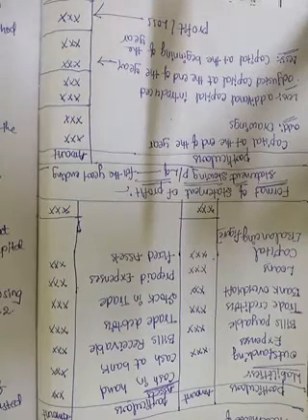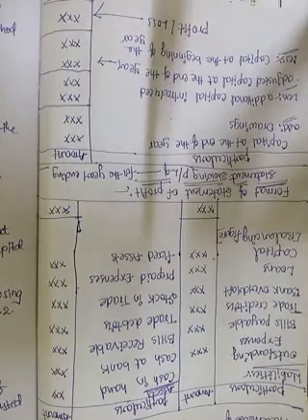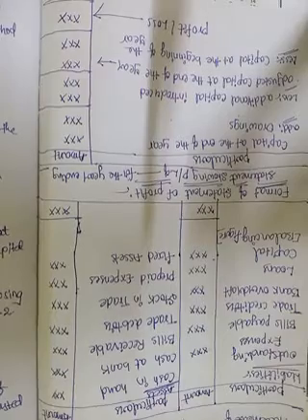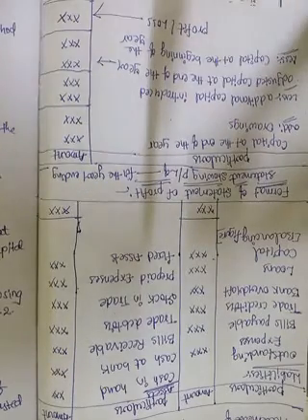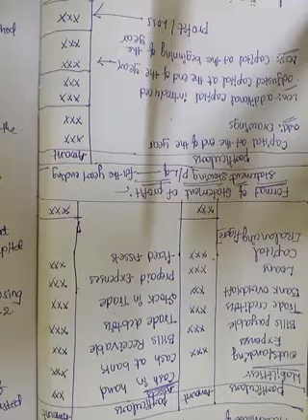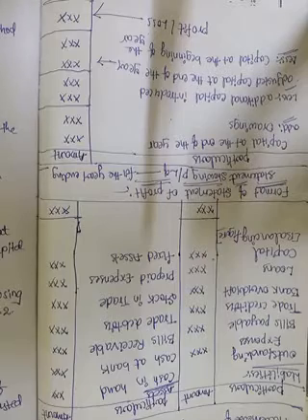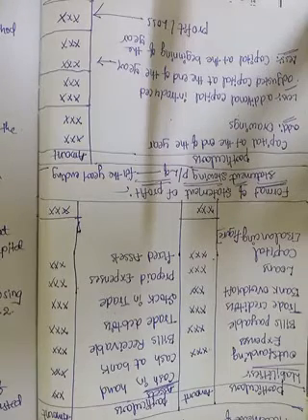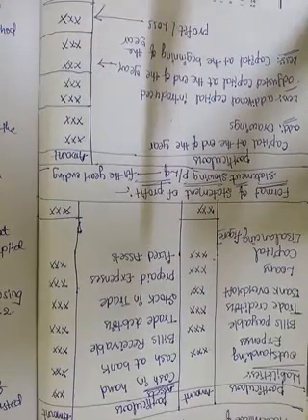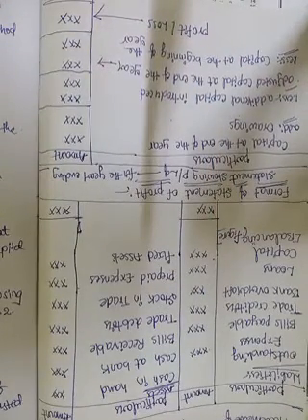In the statement of affairs method, first we will calculate the opening capital and the closing capital. After finding this capital balancing figure, the next step is the statement of profit or loss.